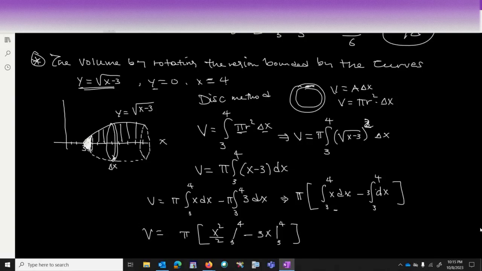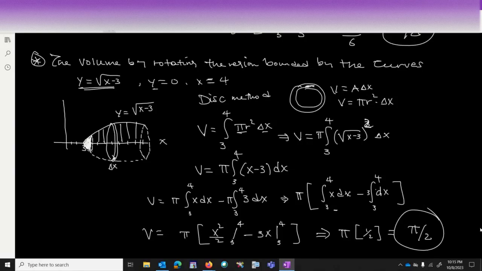If I calculate this carefully, this is simply pi times 1 over 2. The volume is pi over 2.